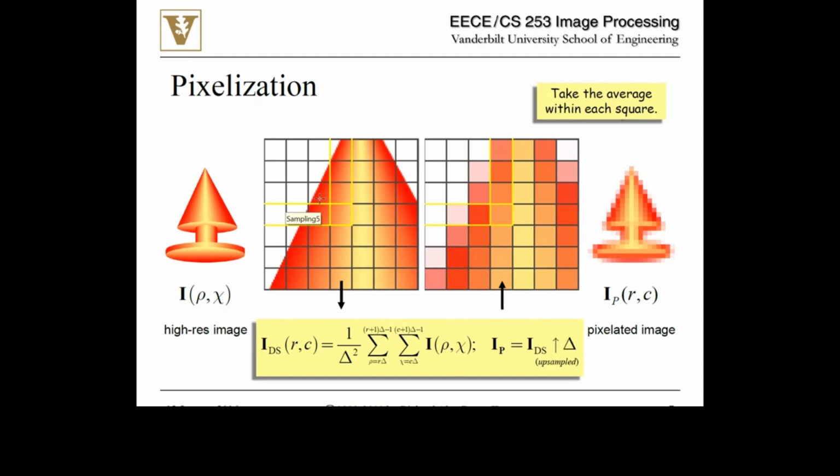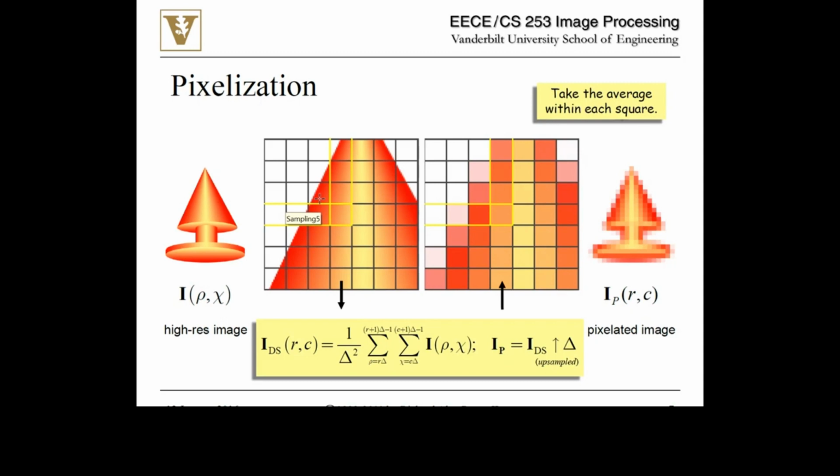Okay, so we have a digital image, and in this digital image, I'm taking all these delta times delta pixels and computing the average. And from where to where? Let's say that I want to produce the R,C pixel in the output.